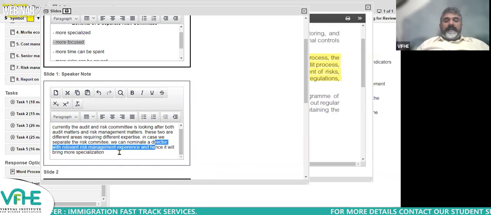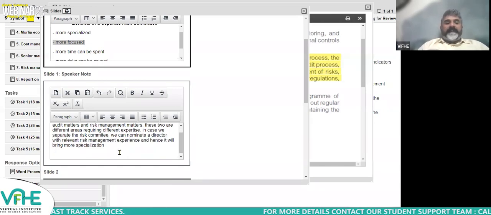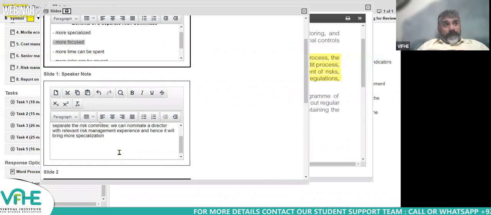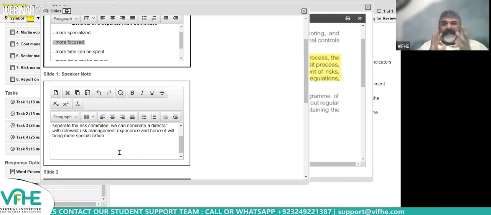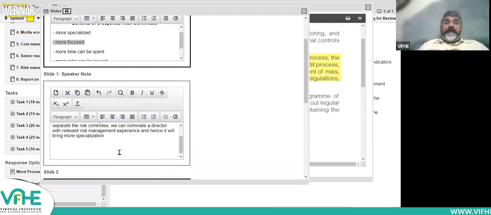You think if we separate the risk committee, they will be more focused, which means that the current audit and risk committee is less focused. Something like that. You can start by saying there are too many terms of reference or tasks. They might lack focusing on the risk management aspects, and then build your case on that.